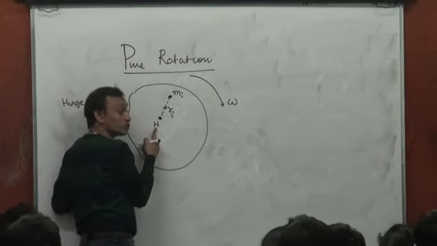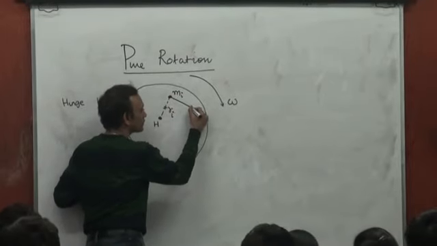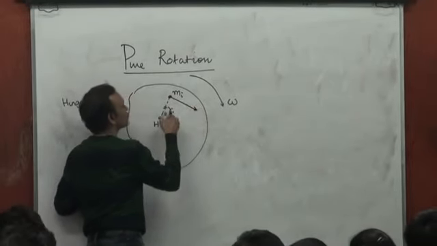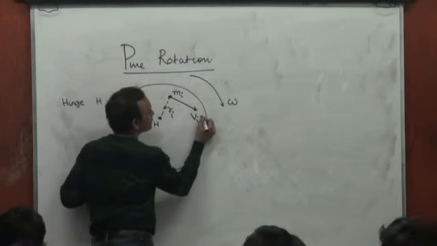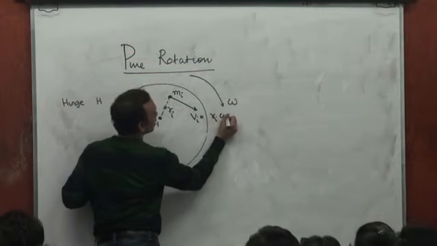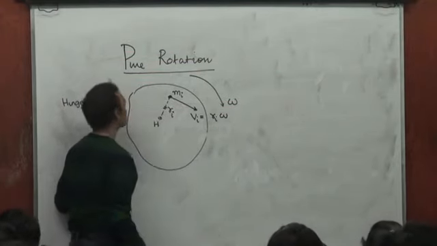The particle is in a state of pure rotation about the hinge with a velocity Vi equals Ri omega, where Ri is the distance from the axis of rotation, right?